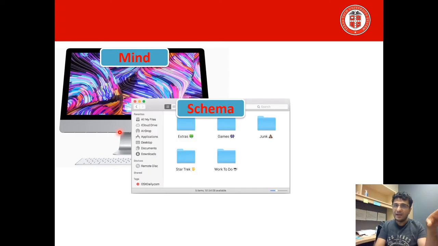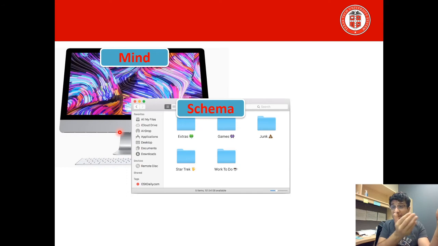Now, let's try to correlate this schema theory, what we have learned so far, with our information processing model of memory, which was based on a computer. So we can talk about the computer as a whole as our mind. And if you click on the My Computer icon, then you have big folders which get opened.